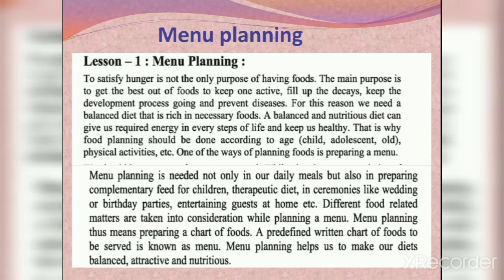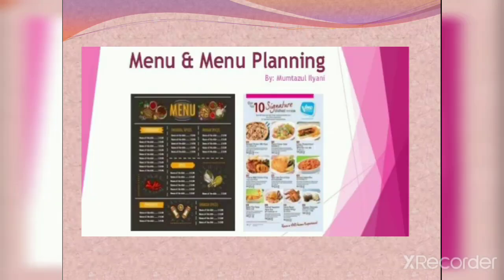Menu planning thus means preparing a chart of foods. A predefined written chart of foods to be served is known as menu. Menu planning helps us to make our diets balanced, attractive, and nutritious. Here is this picture. We can see how menu planning is done in a restaurant.